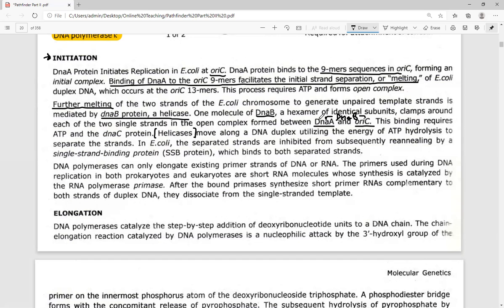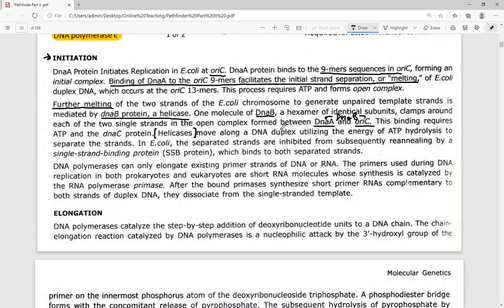Firstly, DnaA has caused the melting of the DNA molecule. The further action of helicase is then taken up by DnaB, so that DnaB can carry out the unwinding process. This binding requires ATP and DnaC protein.